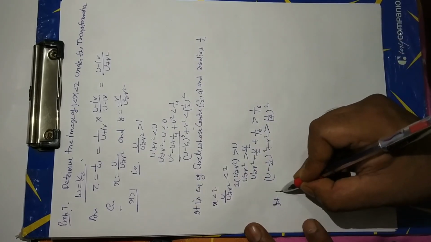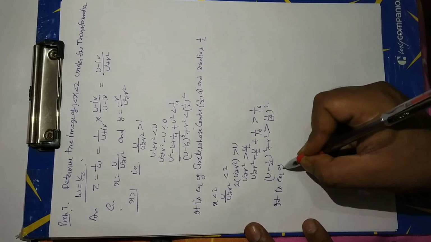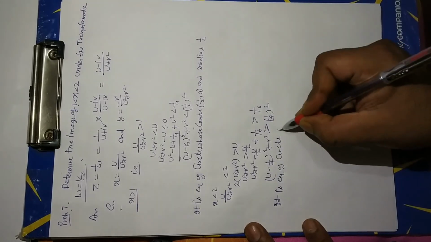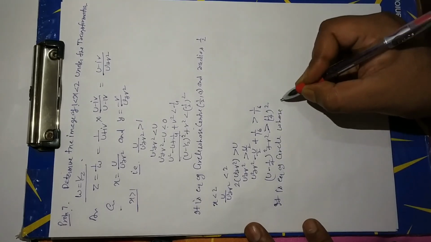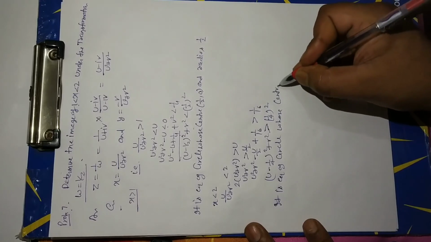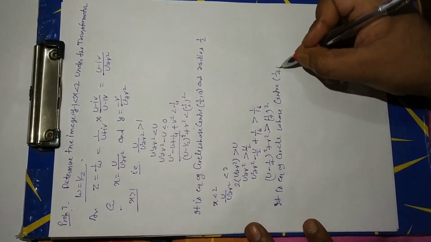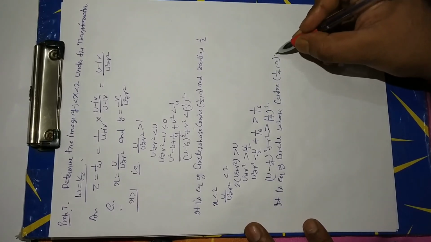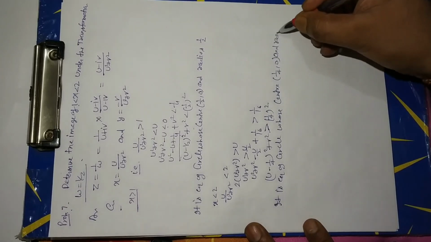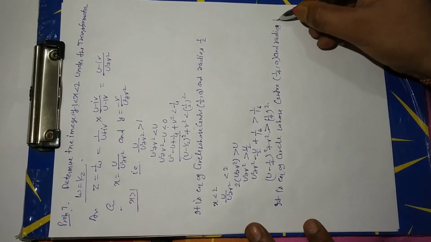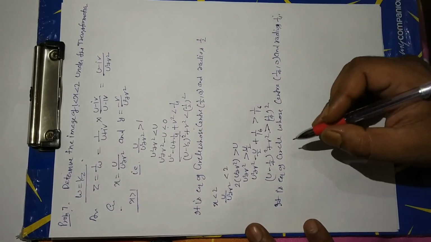It is the equation of a circle whose center is (1/4, 0) and radius 1/4.